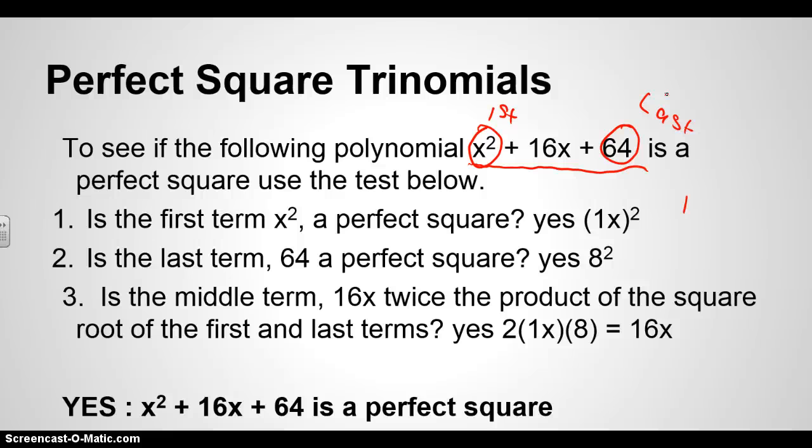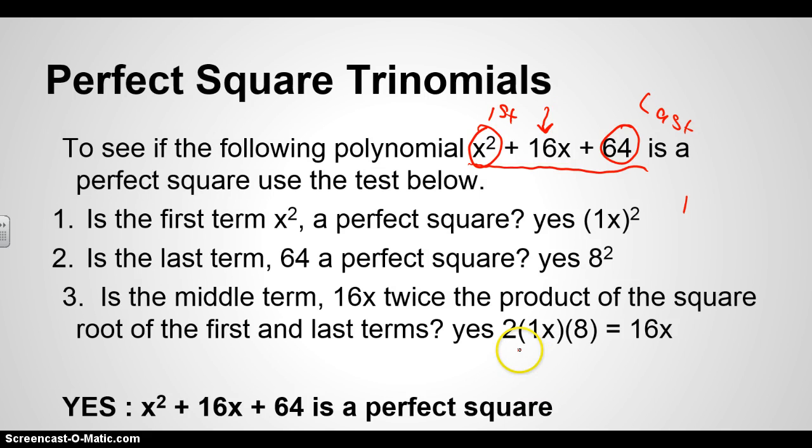Then we're going to look at our middle term here, which is 16x. When we look at the middle term, 16x is twice the product of the square root of the first and the last term.